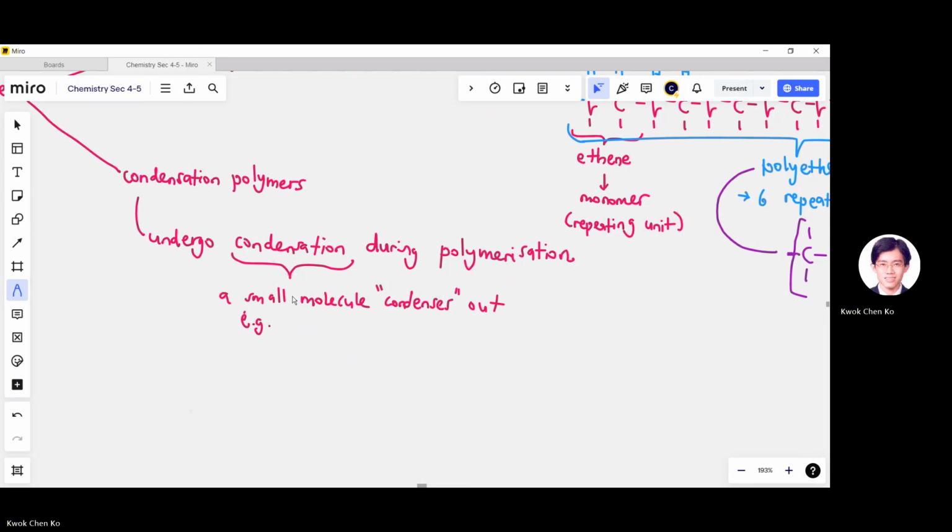I'll give you a few examples. Water is the most common one. The other common one is HBr. Less common is HCl. Even less common, once in many years you see hydrogen cyanide. Yeah, highly poisonous. Why is it here? Because they run this reaction in closed vessels, so by right you're not exposed to it.